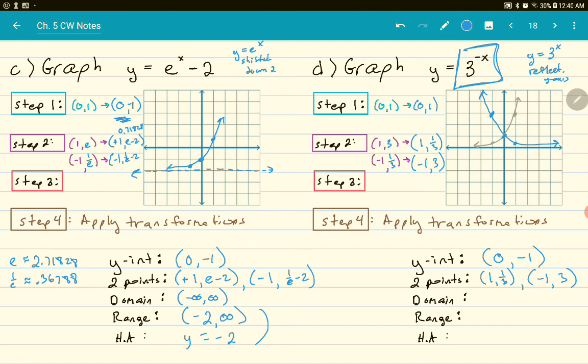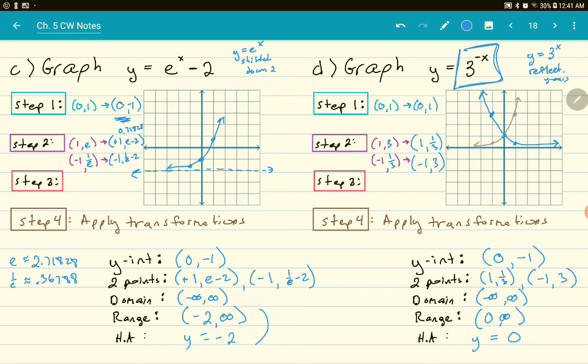And then my domain and my range won't change. There's no change vertically. My infinities are looking crazy. Okay, still crazy. And then my horizontal asymptote also still has not changed.